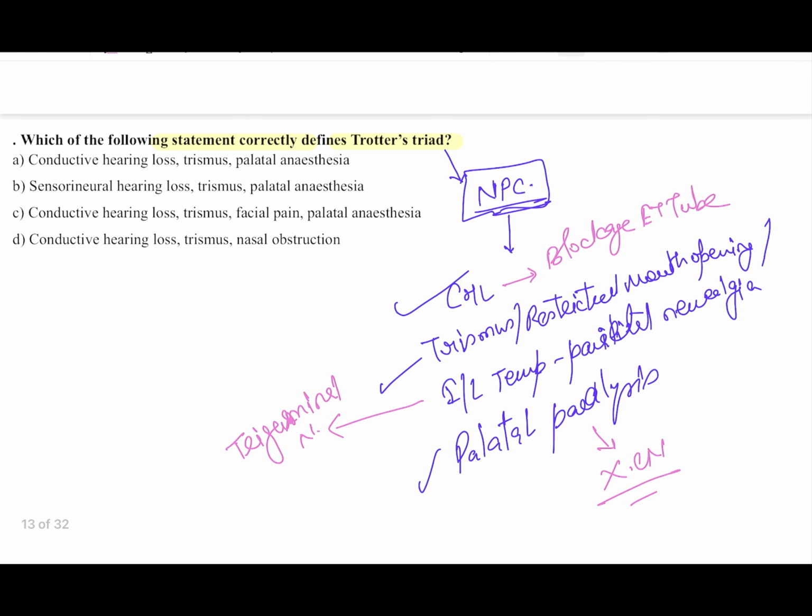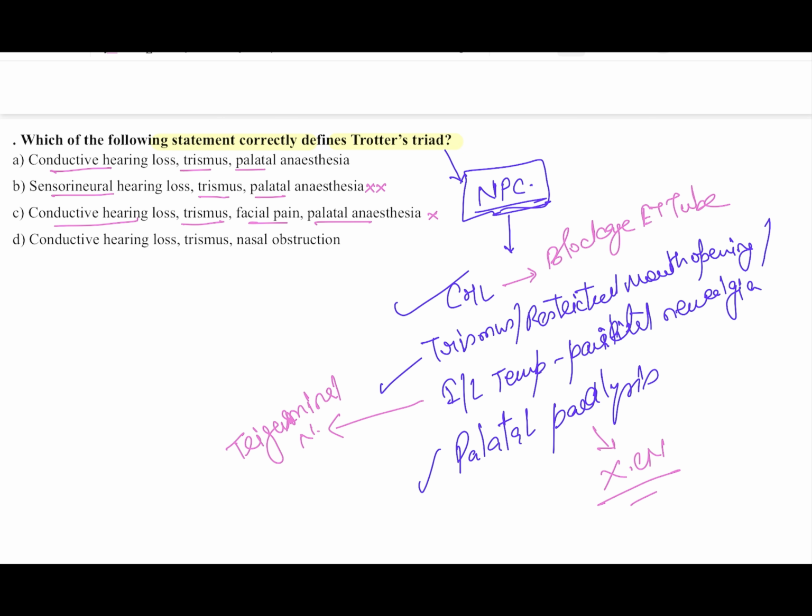So now we will read one by one option. First option is saying conductive hearing loss, trismus, palatal anesthesia. We will read more, then we will come to the answer. Sensory neural hearing loss, trismus, palatal, no, it is conductive hearing loss. Conductive hearing loss, trismus, facial pain, palatal anesthesia.